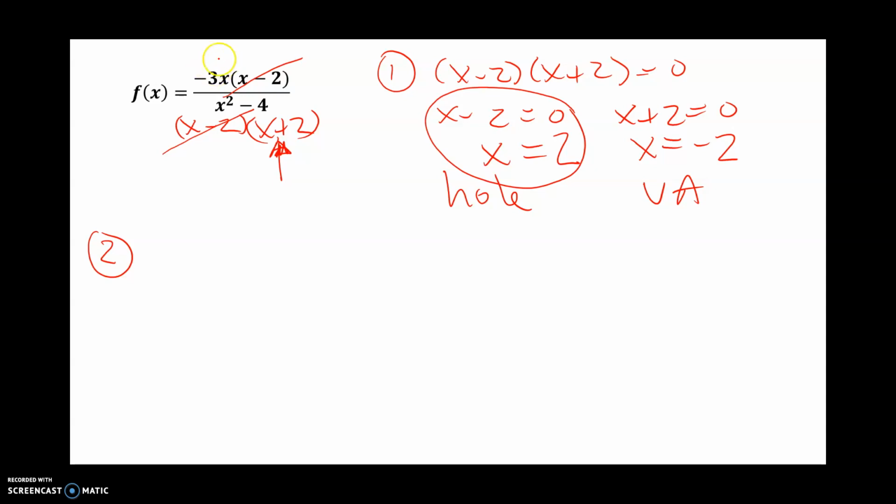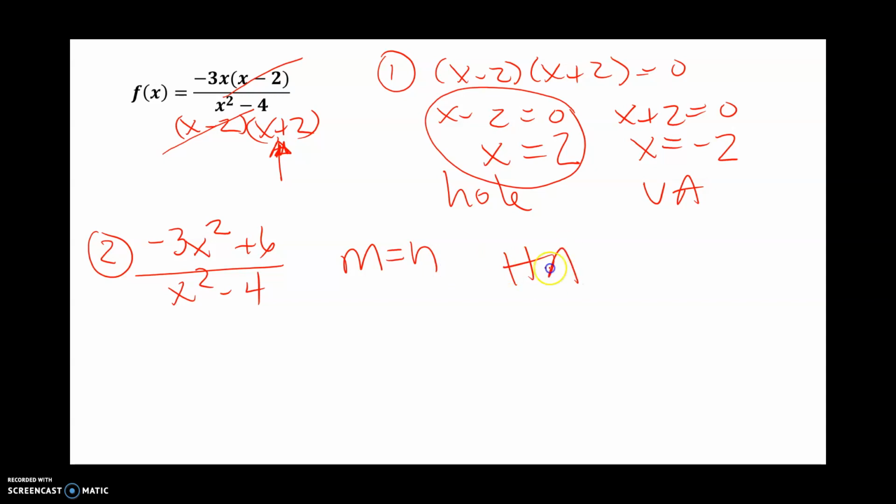So notice that if I multiplied that numerator together, it would look like this, wouldn't it? And there's my denominator multiplied together. So in this case, the highest exponent in the numerator equals the highest exponent in the denominator. So in that case, our horizontal asymptote is the ratio, so it'll be -3.